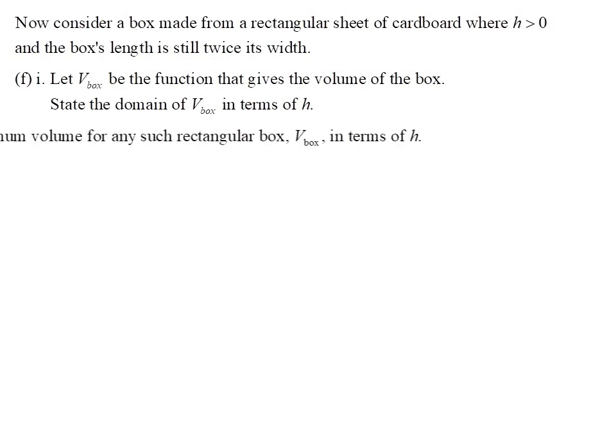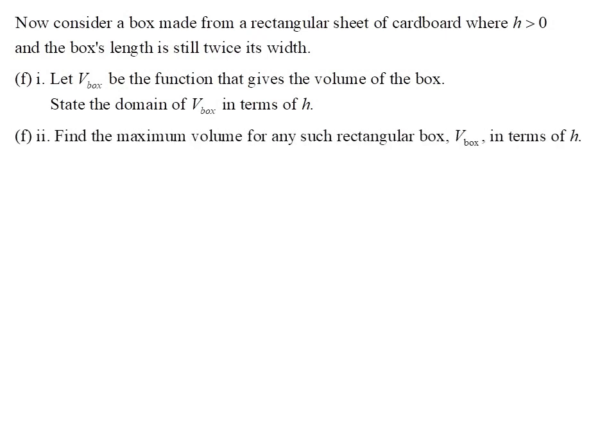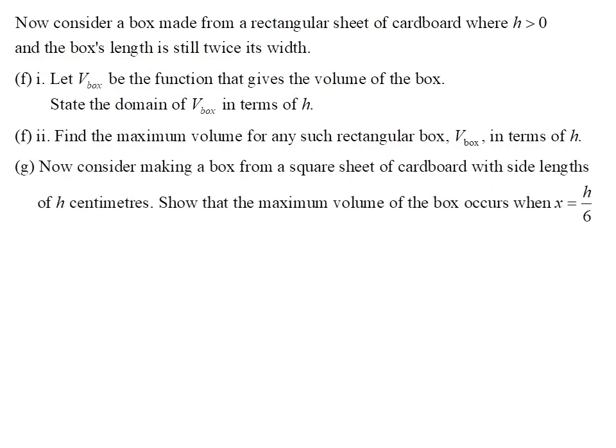The second question of part F is to find the maximum volume of VBox for any such rectangular box in terms of h. Now consider making a box from a square sheet of cardboard with side lengths of h centimeters. Part G of this question is to show that the maximum volume of the box occurs when x equals h over 6.